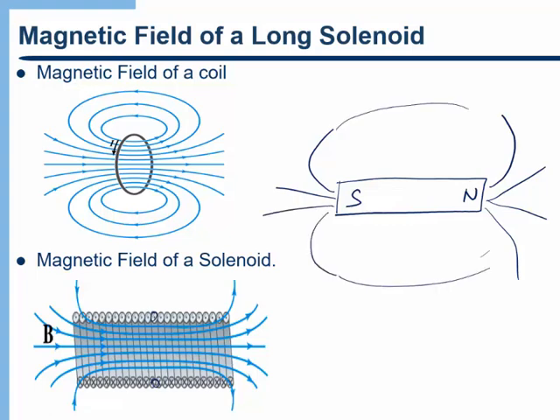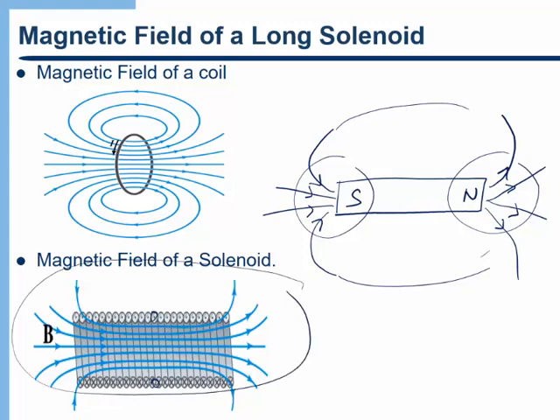But basically, I've got very strong fields by the north and by the south pole, and the fields are leaving the north pole and coming back towards the south pole. Notice that's exactly what the field looks like from a solenoid. So it's a quick way to create a magnetic field using electricity that's very similar to the magnetic field of a permanent bar magnet.